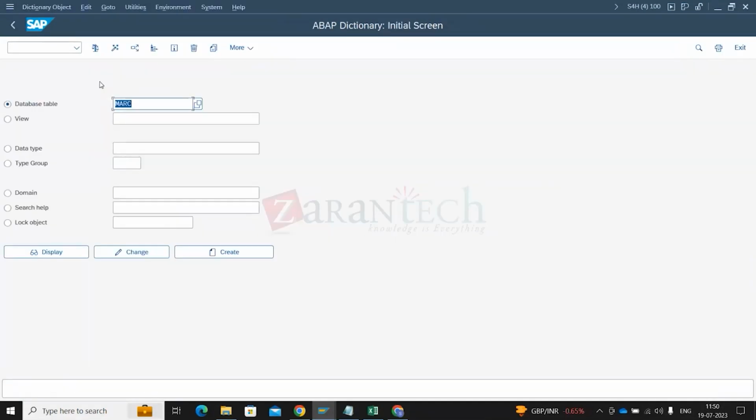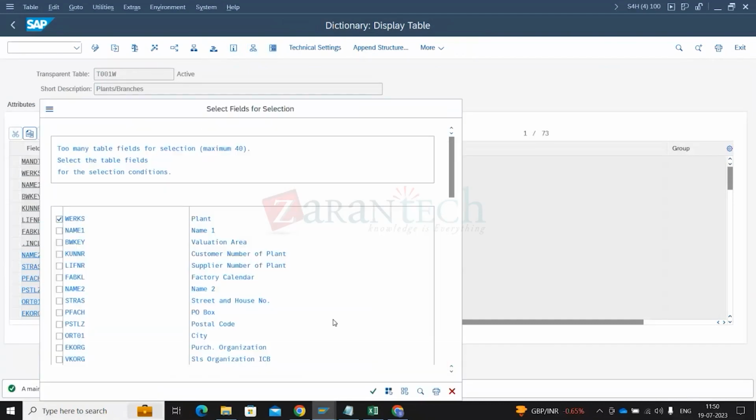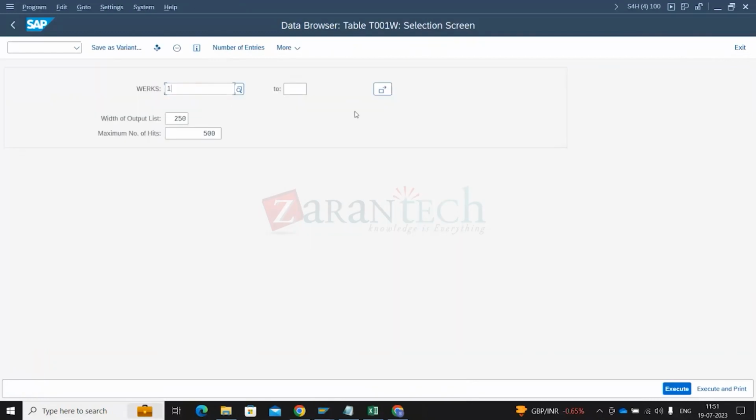But still, EC01 is the T code for plant. Anyway, I won't be able to change anything from here.